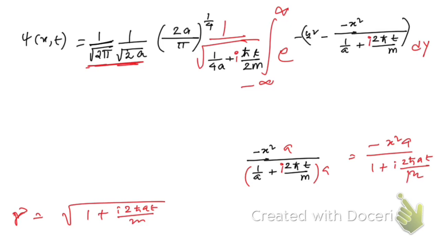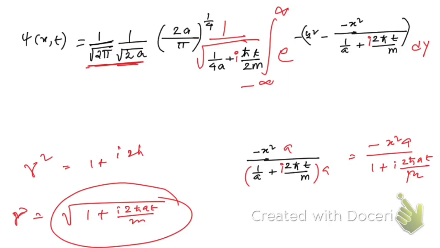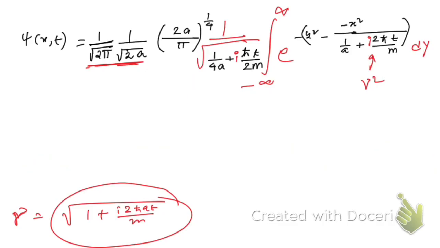So if you consider this part is gamma, then gamma square will be equal to 1 plus i 2h cut a t by m. So this denominator can be replaced by gamma square, and this can be replaced by gamma, right? And so we can write this step like this. Just give me a second.